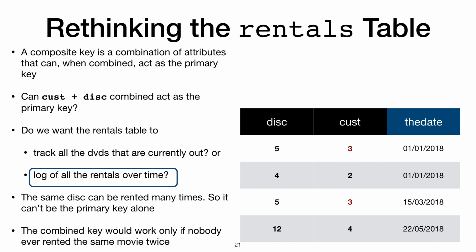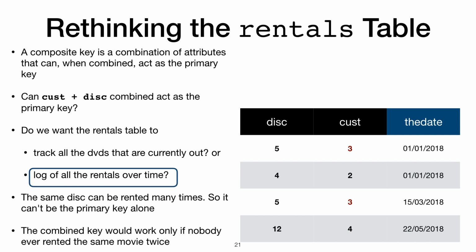But if they came back to rent the same disc, then it'd be the same disc with the same customer number. And that would basically blow up our table, because that can't be the primary key. And that's a thing that people do, or used to do when they rented DVDs. They would rent the same thing maybe more than once.